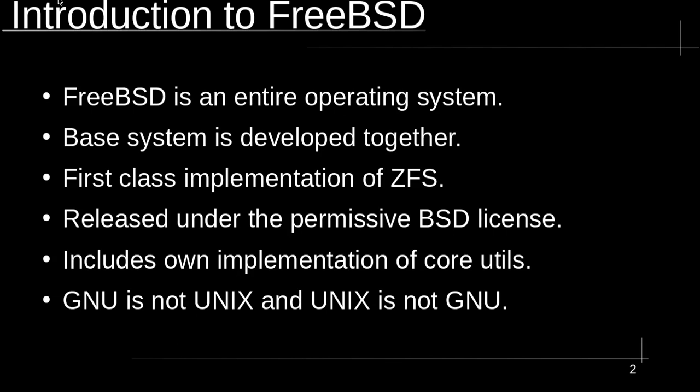And one last point: although you can get GNU tools on FreeBSD, the base system itself includes its own implementation of core utilities. It includes the Clang C compiler, so there's no GNU in the base system, but you can install things like GNU Bash and Nano from ports, or as binary packages if you'd like.